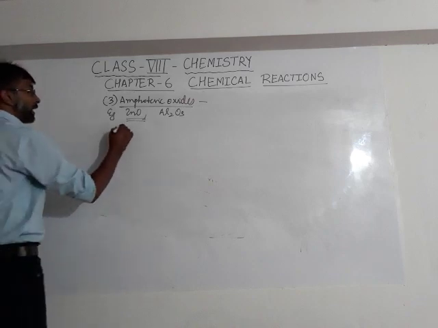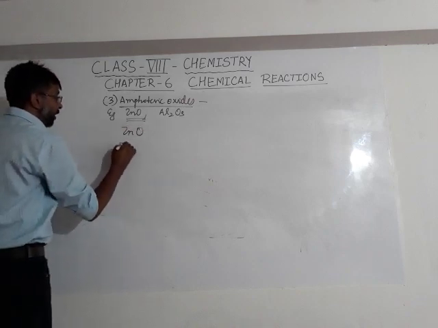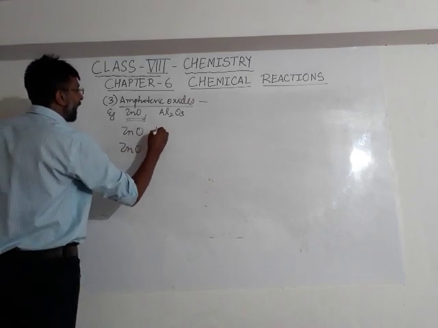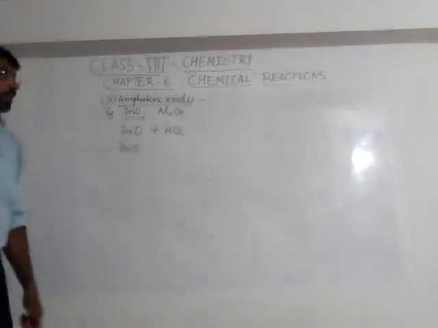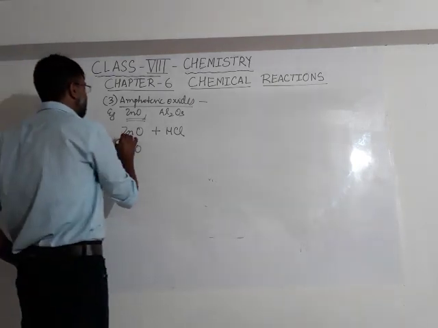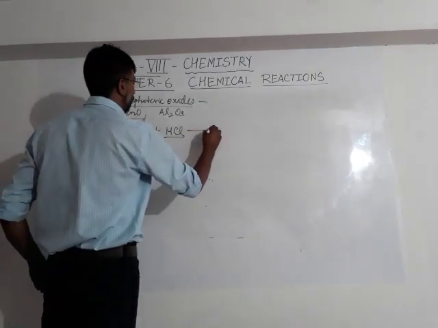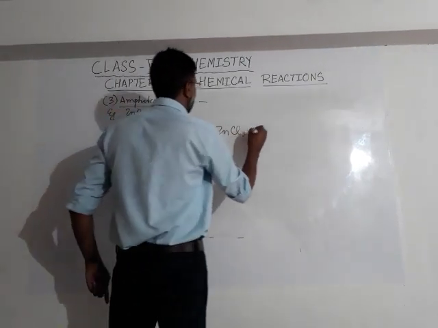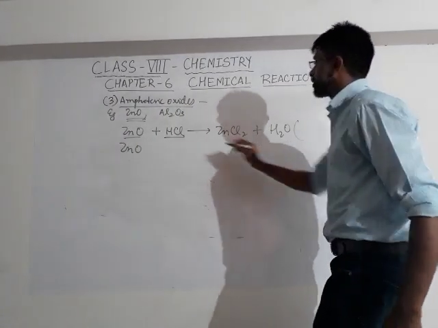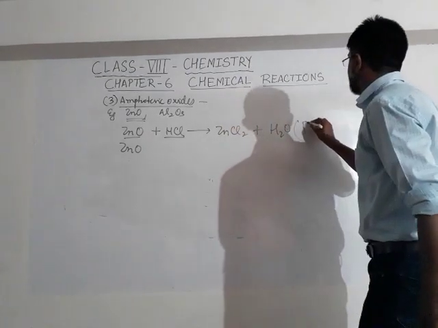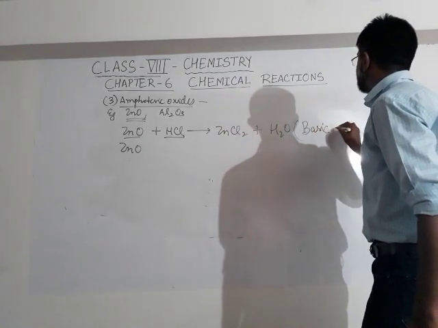Let me show you the example by taking zinc oxide. First I will react it with an acid, hydrochloric acid. When I react zinc oxide with hydrochloric acid, it forms zinc chloride, ZnCl2, plus water. Here zinc oxide is showing its basic nature.